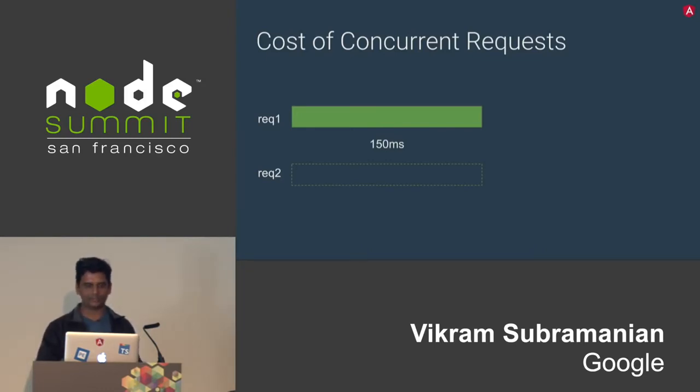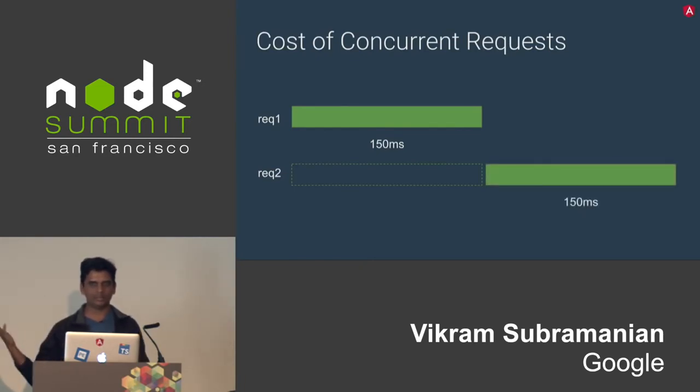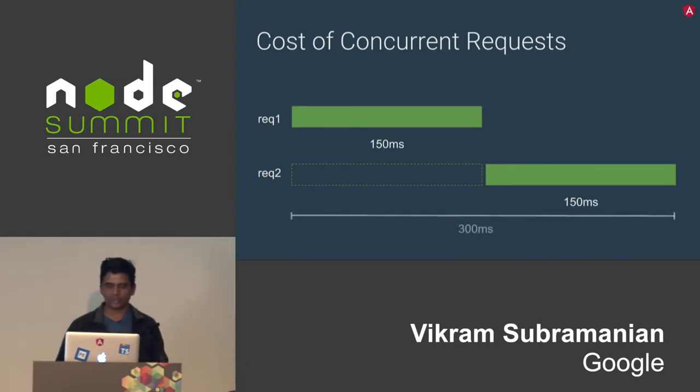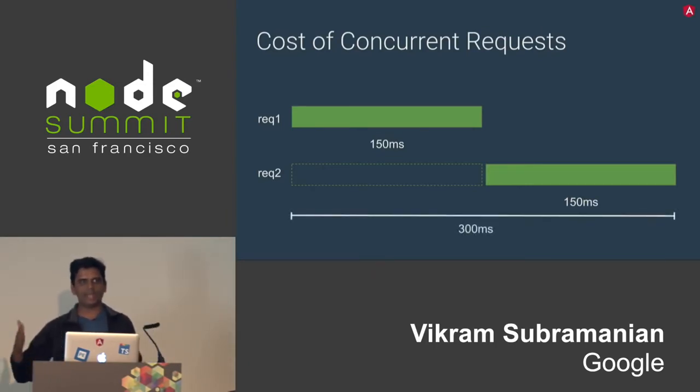And once the first request is done, the second request is picked up, and it would take another 150 milliseconds to do its job. So essentially we are adding up the latency with the number of concurrent requests. This was happening in two cases. First, when there was a spike in traffic, where the number of instances wasn't adjusted fast enough.